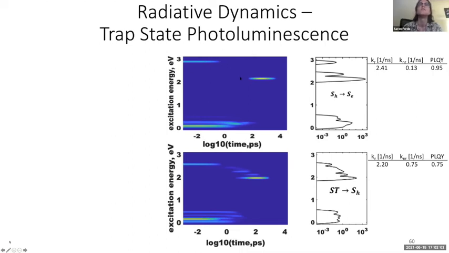But eventually, once the carrier relaxes to the band gap, it gives bright photoluminescence. And note that the intensities are on log scale instead of linear. And from computing the rate constants for radiative and non-radiative, this model showed an overall efficiency of 95% quantum yield.